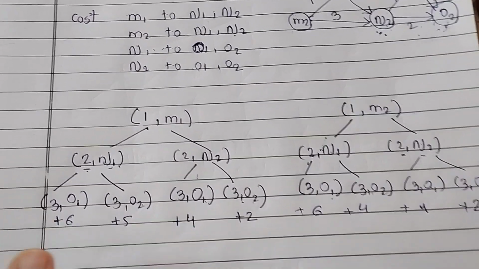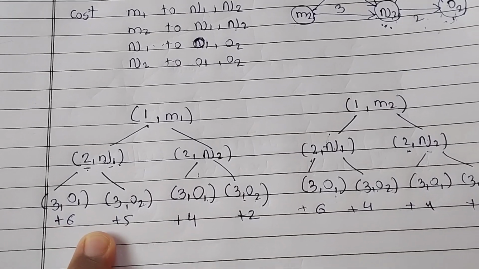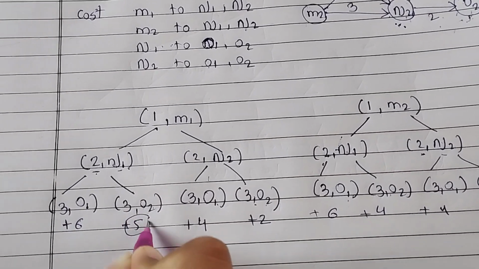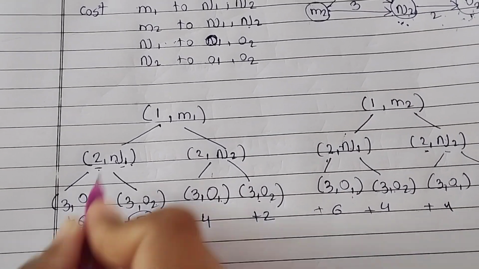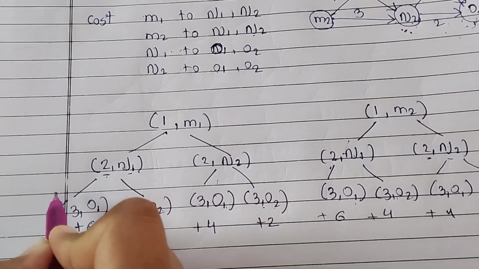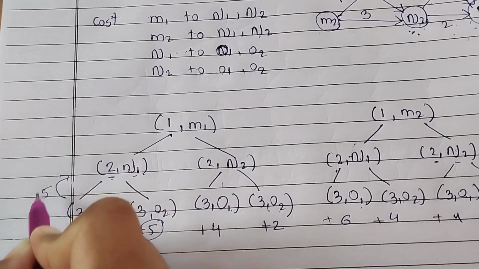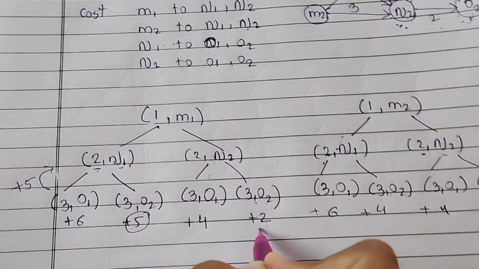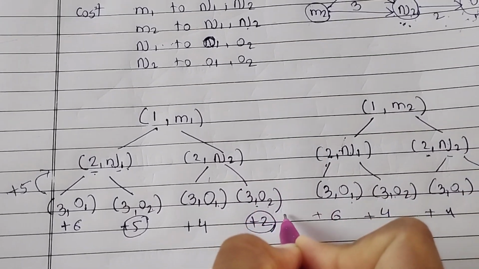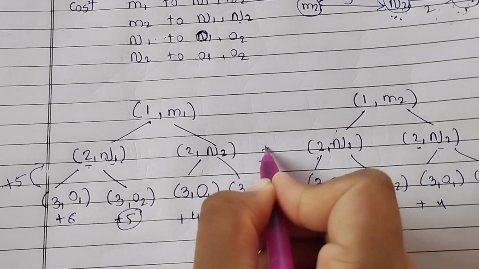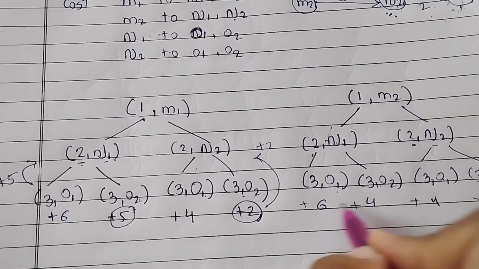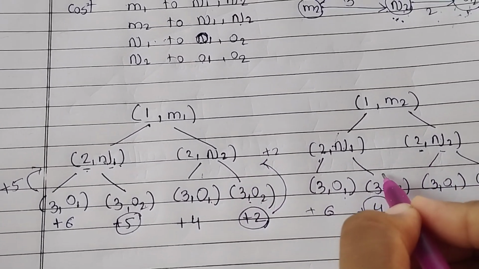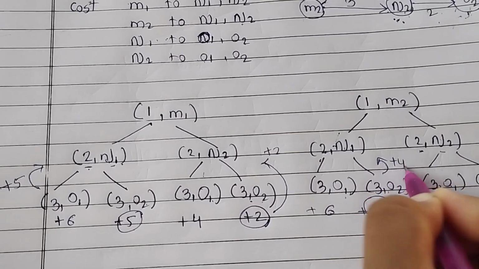Now from 6 and 5, which is the smallest? This 5 is the smallest, so we transfer this 5 to the upper stage, so here plus 5. From this, 2 is the smallest, so we transfer this plus 2. From this, 4 is the smallest, so transfer plus 4.